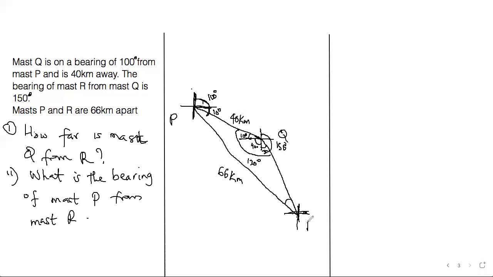So this is R. So this will be small r, this will be small q, and this will be small p. Okay. So now I know this angle, what do I need to get first? How far is mass Q from R? So I want to get P, this side P.